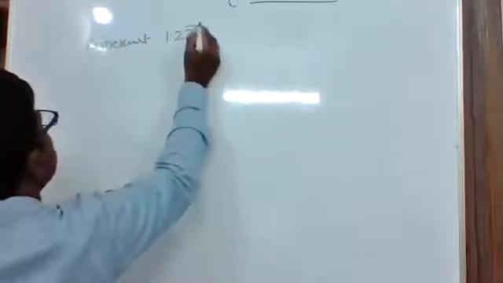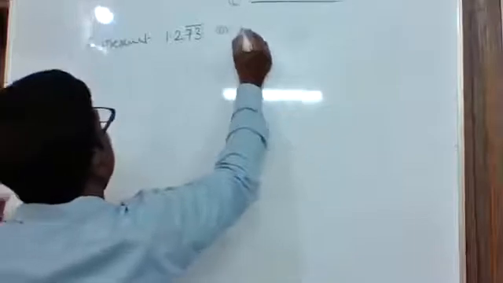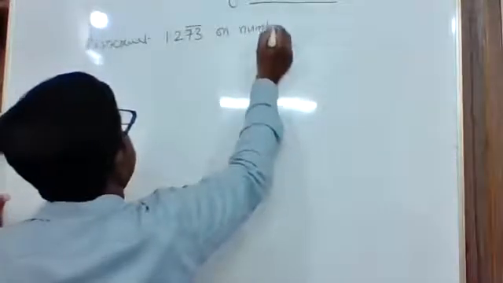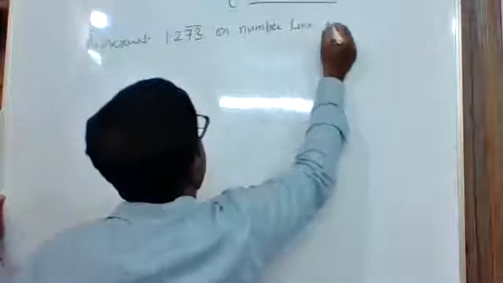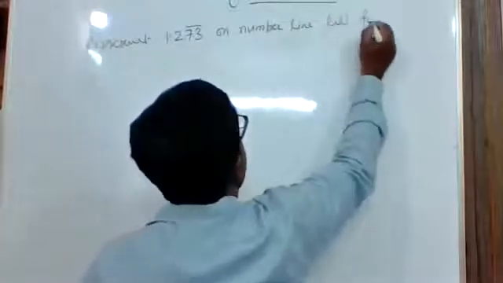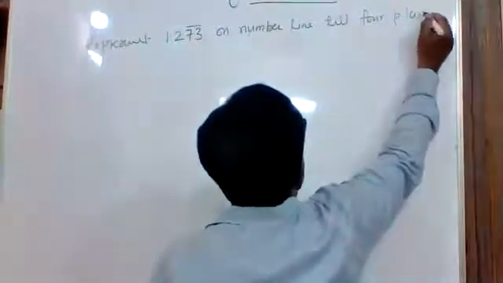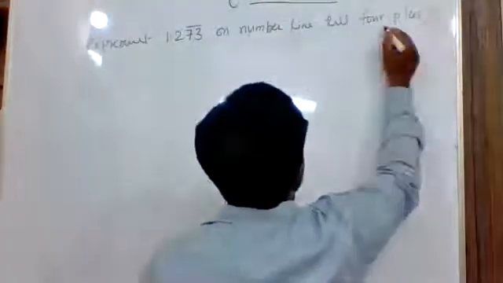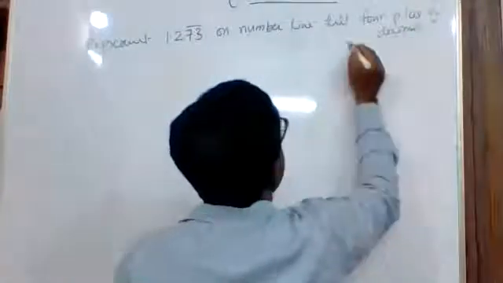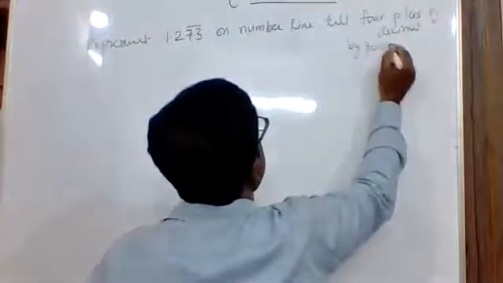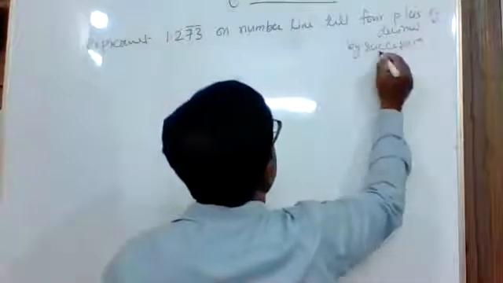1.273, the bar is over 7 and 3, on the number line till 4 places of decimal, by the successive magnification method.